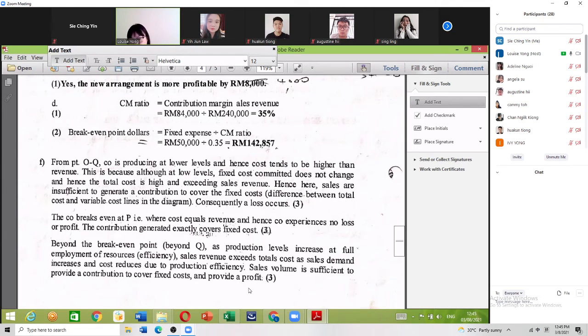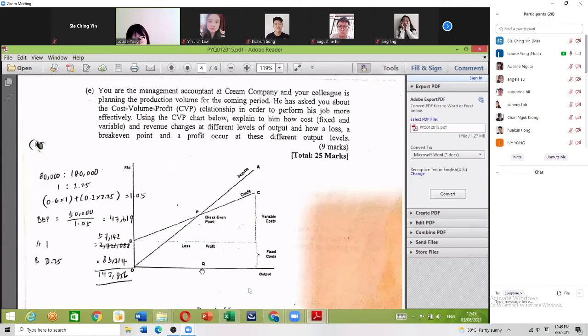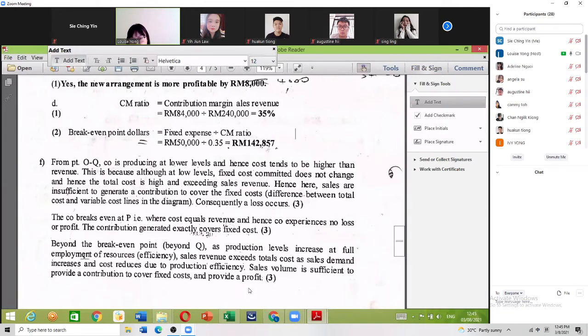Okay, so 3 marks. Beyond the break-even point, the company's production level is increasing, from Q onwards, right? So the company starts making money.